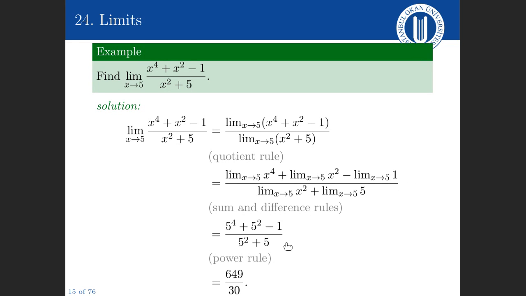Use the power rule to calculate each of these easier limits, and we get our answer 649 divided by 30. If I give you an exam question and I say, you must say which rules you're using, then I would expect something like this. At each step, I expect you to say which rule or rules you are using.